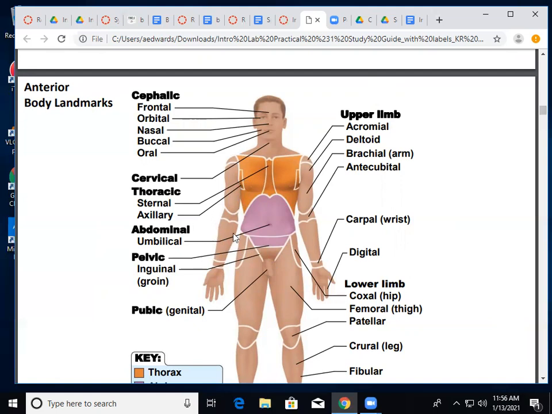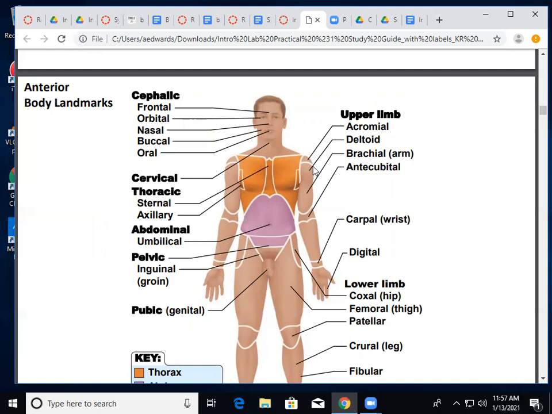And the abdominal region, where your belly button is, we call that umbilical, because that's where the umbilical cord would have gone. The pelvic region: you've got the groin, or inguinal region. Pubic is also known as genital.